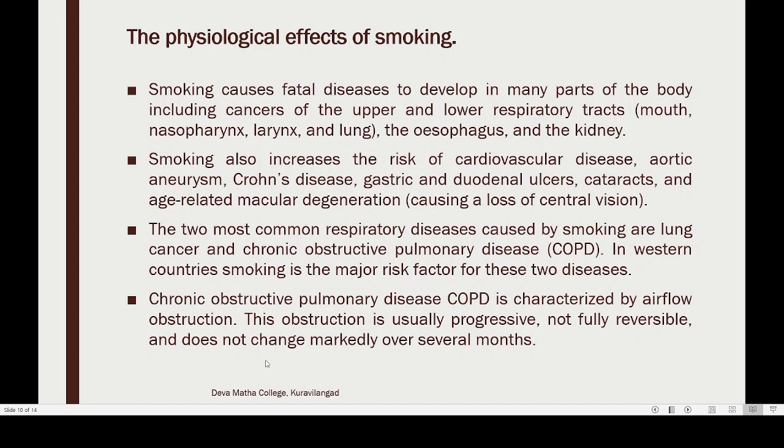The obstruction is usually progressive and not reversible. That is, once this obstruction has taken place, it is not easy to reverse or undo that damage to the trachea or bronchus, and it does not change markedly over a period of several months.